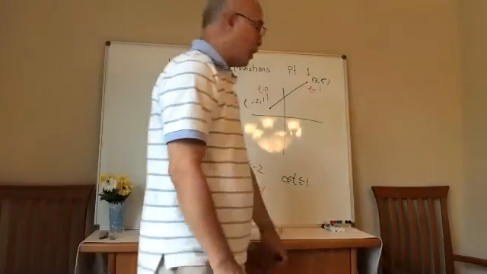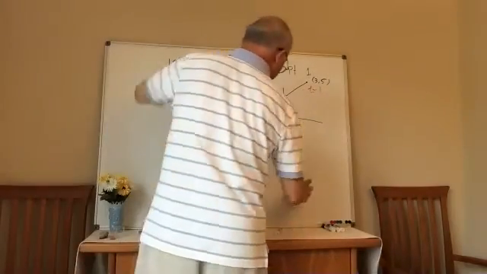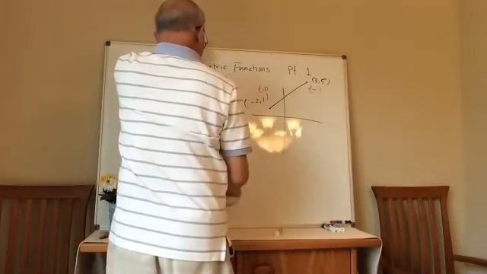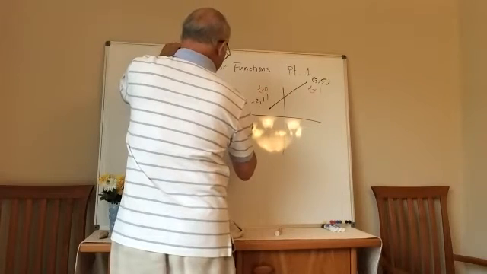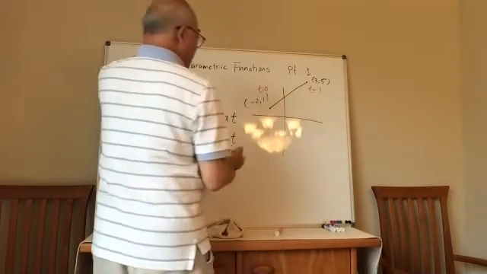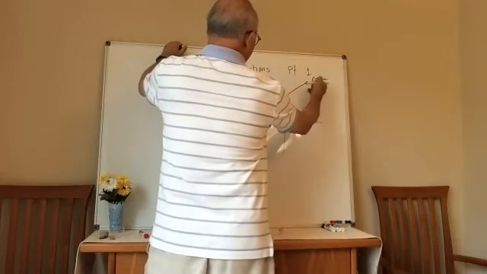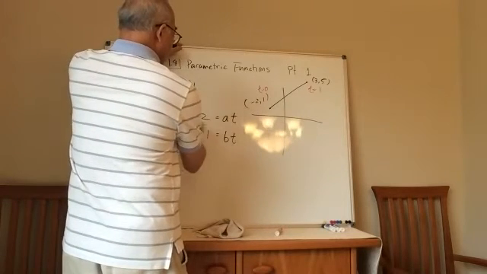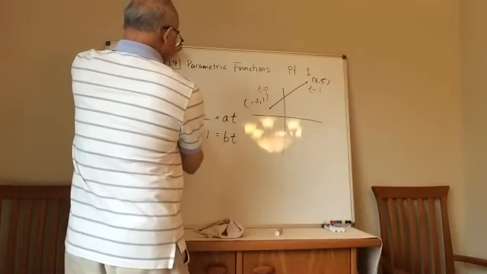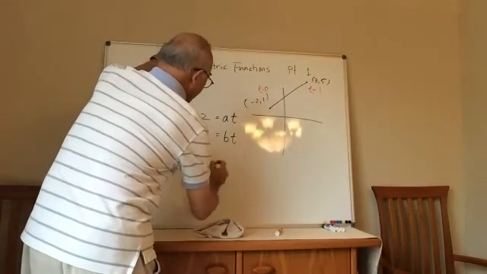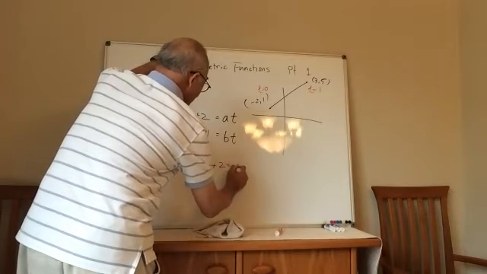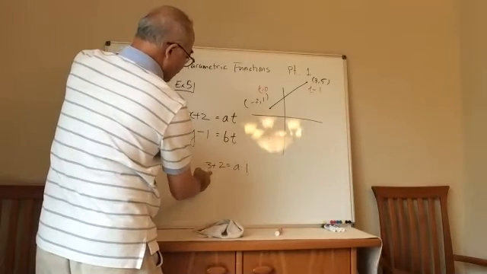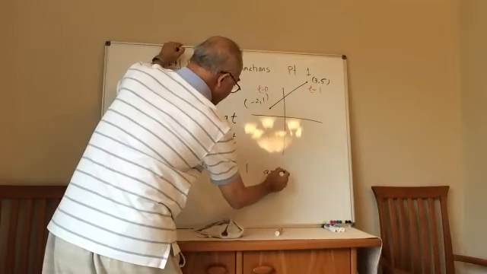The book gives you a different way. Instead of looking at the graph, they call this A and this B. I don't know what A is, and I don't know what B is. But I do know when t is equal to 1, x is equal to 3, and y is equal to 5. When x is equal to 3, I get 3 plus 2 is equal to a times 1, since t is equal to 1, which means that a is equal to 5, just like we solved it earlier.